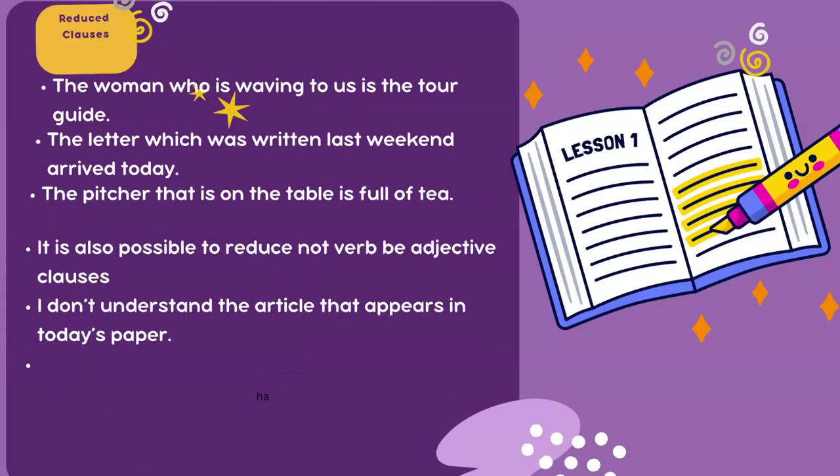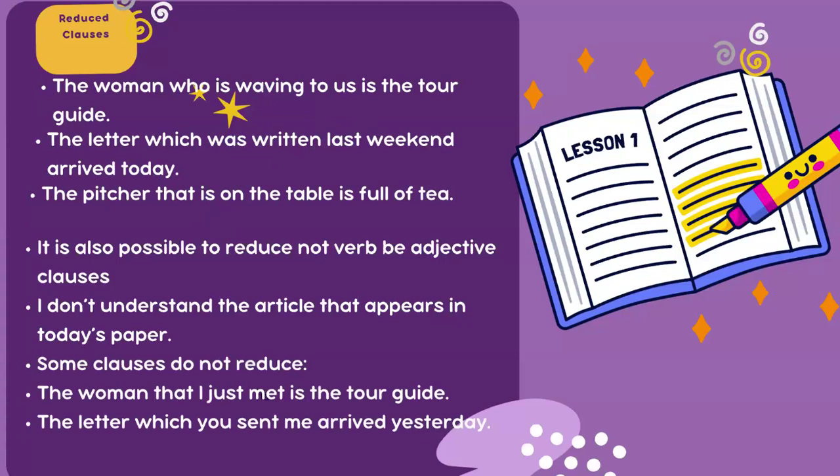How can I make a reduced clause? Well, I could say, I don't understand the article appearing in today's paper. So even though I don't have a form of verb be, like in "was written," "is waving," "that is on the table," I can still transform this verb into an -ing form to make a reduced clause. There are other times in which I won't be able to form a reduced clause.